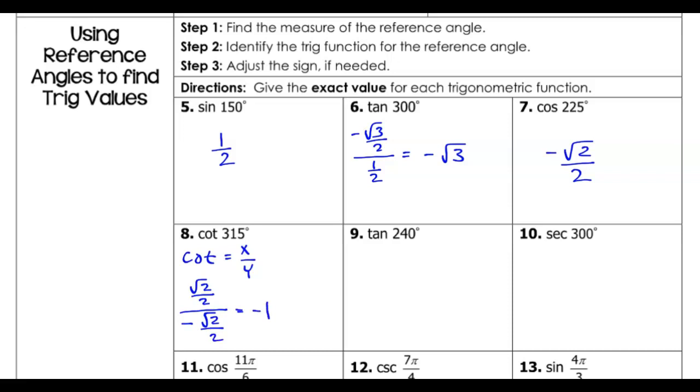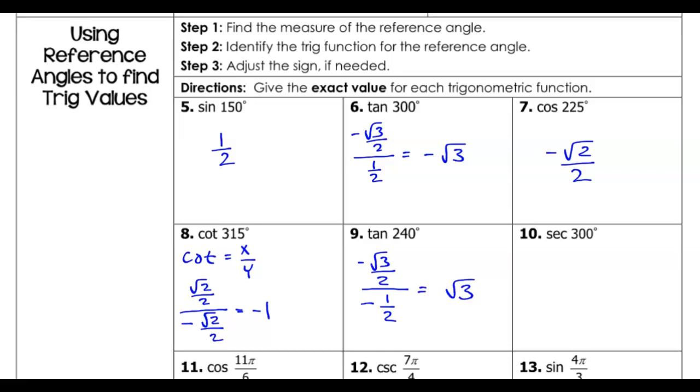Now the tangent of 240, remember that's just going to be y over x, so that's going to be negative square root of 3 over 2 divided by negative 1/2, and this is going to give us a positive value because it's two negatives divided, so it's positive square root of 3.